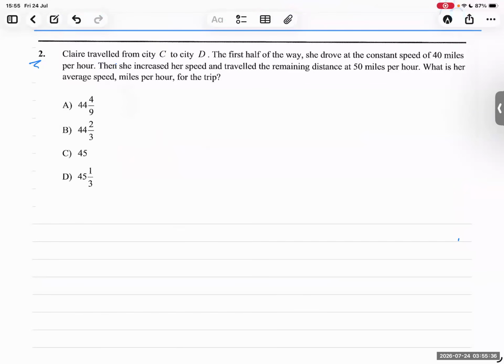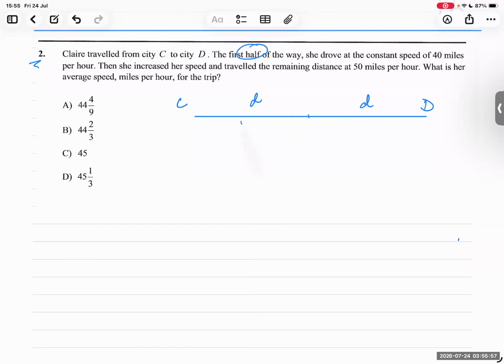So in question two, Claire traveled from city C to D. That is your city C, that is your city D. The first half of the way, she drove at a constant speed of 40 miles per hour. The first half means that is the half distance. Okay, let it be D and D.